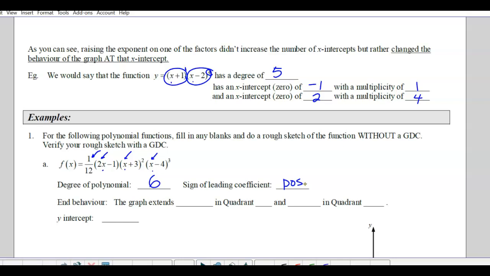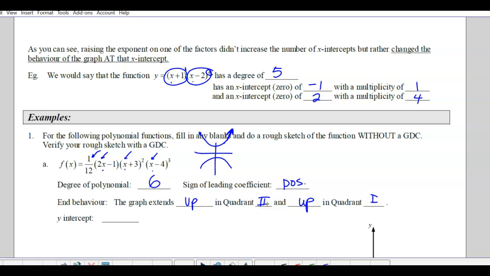So that means it's either going to be both opening up or opening down with zigzags in between. If it's a positive leading coefficient, remember it's always going to go up in quadrant 1. So I like to start and end in quadrant 1, so up. And because it's an even degree, it's also going to be up in a horizontal quadrant, which is quadrant 2.